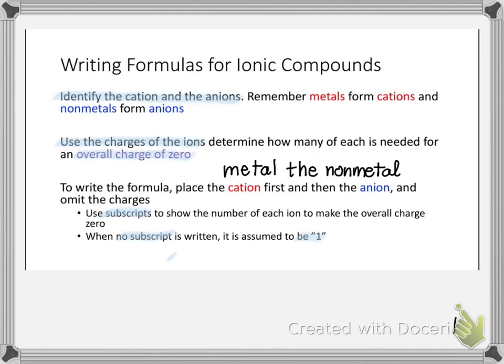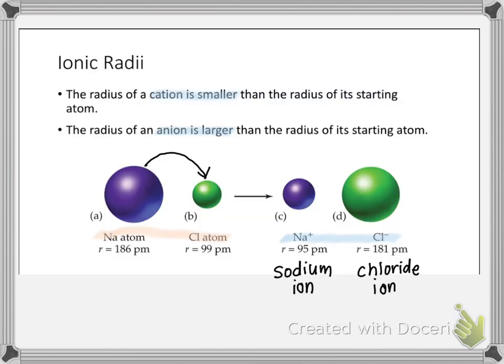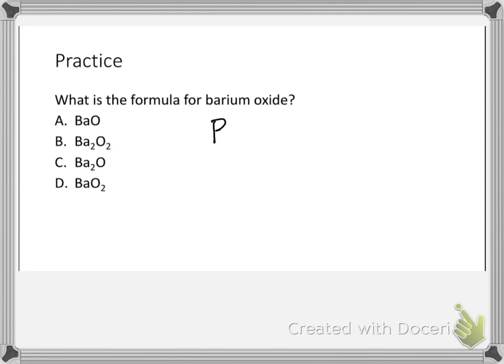So I still have to go back to my chart. Sorry for all the jumping. Barium is right here, so that's a 2 plus. Oxide is underneath. I'll erase so you can see. There it is. Oxide is underneath here. It's a 2 negative. So this is a 2 plus and this is a 2 negative.